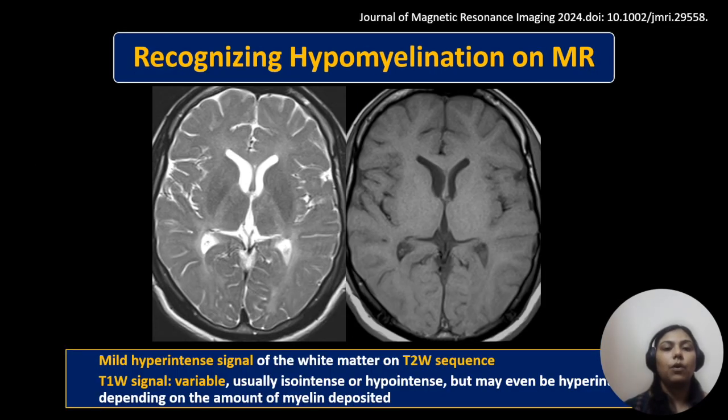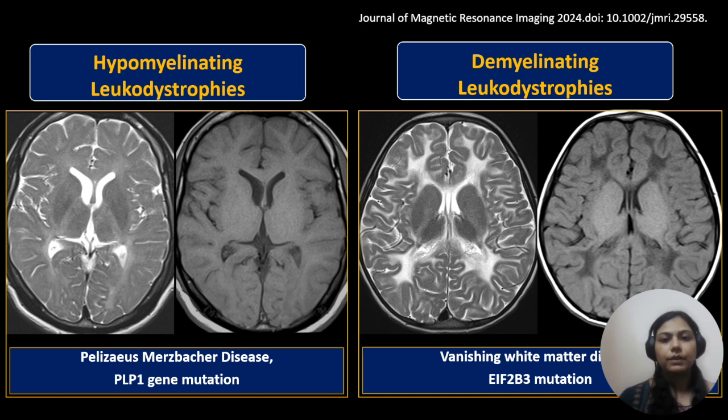As compared to normal myelination, hypomyelination shows mildly hyperintense signal of the white matter on T2 weighted image, whereas on T1 weighted image it may show variable signal and may appear isointense to gray matter as is seen in this case, or it may be hypointense or even hyperintense depending upon the amount of myelin deposited. It is important to differentiate hypomyelinating leukodystrophies from demyelinating leukodystrophies.